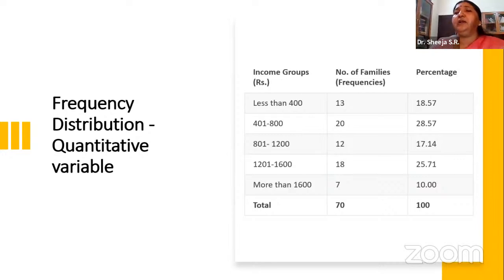However, if you are expressing it in terms of percentages, comparison is very important. See, 28% have income between this, then 25% have this. So we get a comparative picture when you present data in percentage also. So this is very, very useful for having some understanding about the income level of people.